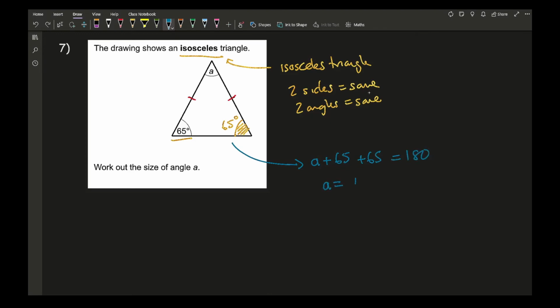So I've got A plus 130 add up to 180. The opposite of adding 130 is to take away 130. So A equals 50 degrees, and there is my final answer.